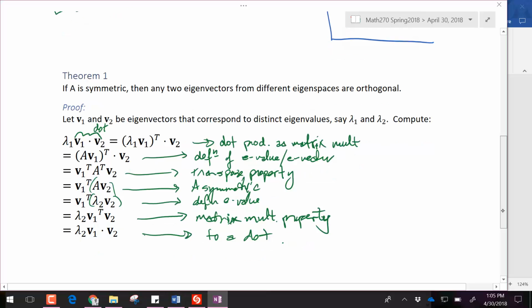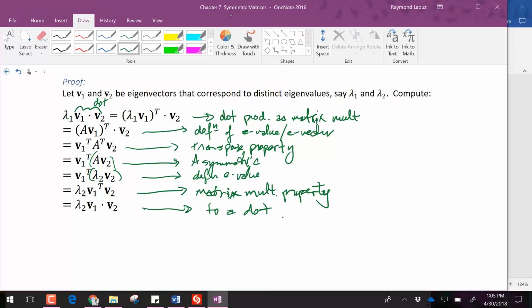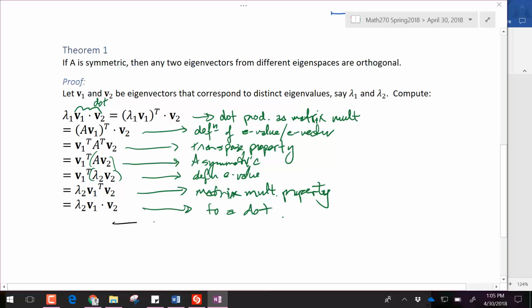So what do we have? I guess this isn't finished yet, so let's finish it off. What we have here is that lambda 1 times v1 dotted with v2 is equal to lambda 2 times v1 dotted with v2.